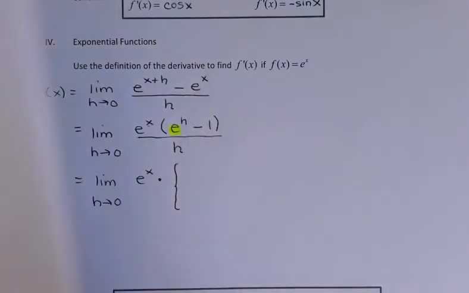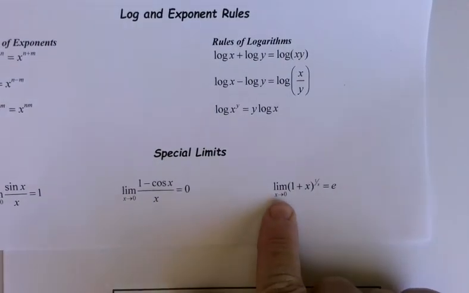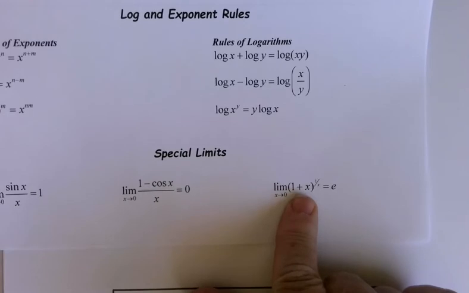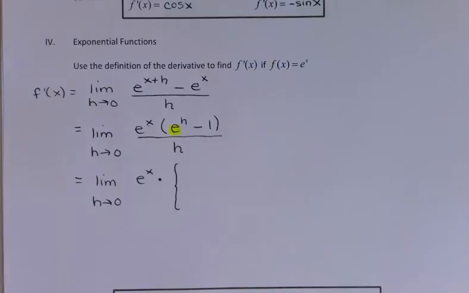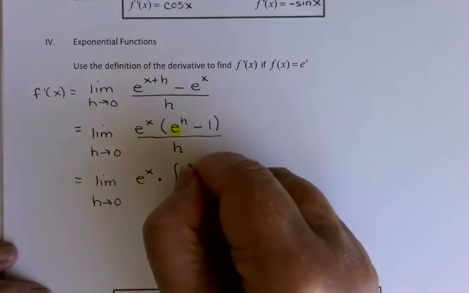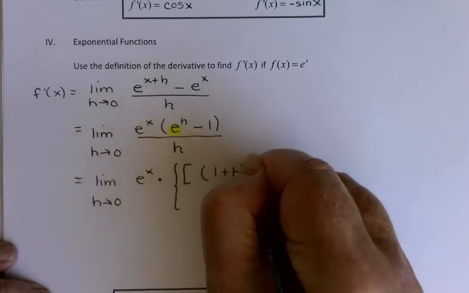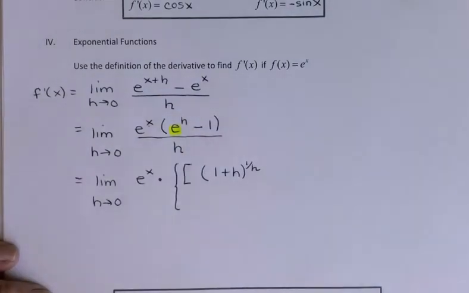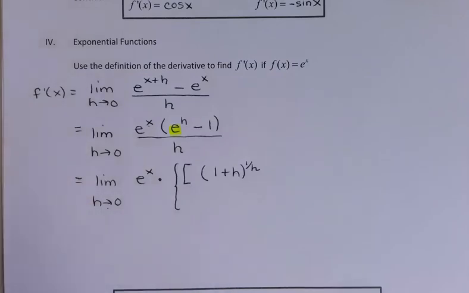It's another one of our special limits. In our case, we have h going to 0, so I could actually write e as 1 plus h to the 1 over h power, and that limit is e. So let's do that. I'm going to replace this e with 1 plus h to the 1 over h power, because the limit of that as h goes to 0 is e.